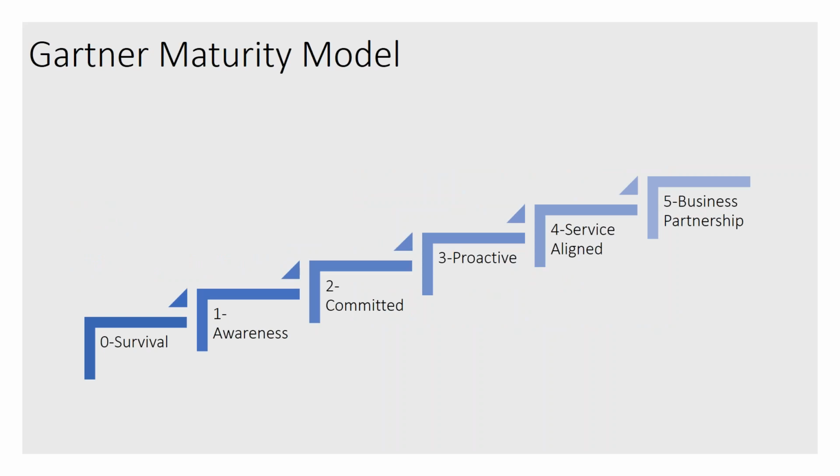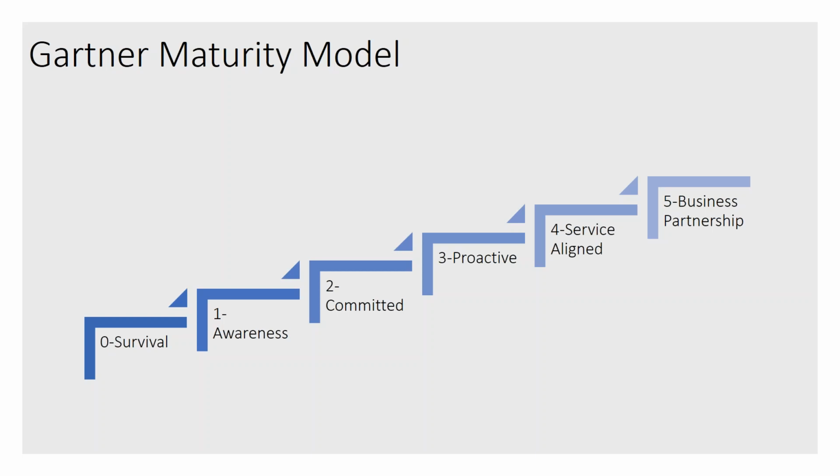They're fairly common, particularly in IT. Maturity models define the maturity level of an organization. In this case, this particular maturity model defines how well that organization is delivering IT services to the rest of the business. It's essentially rating the maturity of the IT department as it relates to the rest of the business.